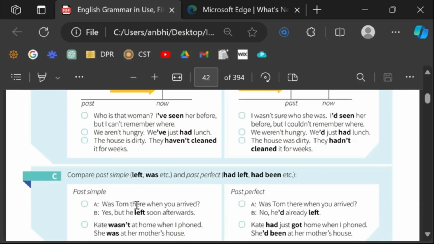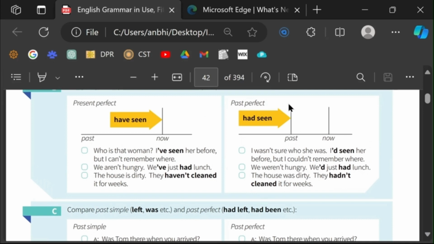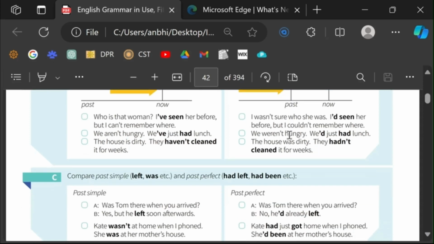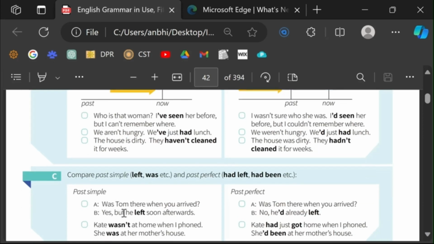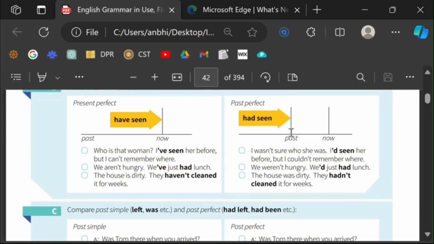Here. Was Tom there when you arrived? So let's say when you arrived is this situation. In the past, you arrived. Now, you arrived here at this point in time. Now, if I say yes, but he left soon afterwards, this means he left after I arrived.